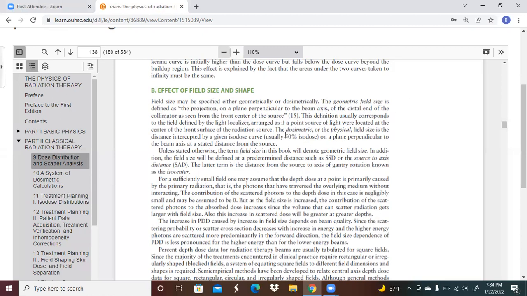Now, the dosimetric, or the physical field size, is the distance intercepted by a given isodose curve, usually 50%, on a plane perpendicular to the beam axis.